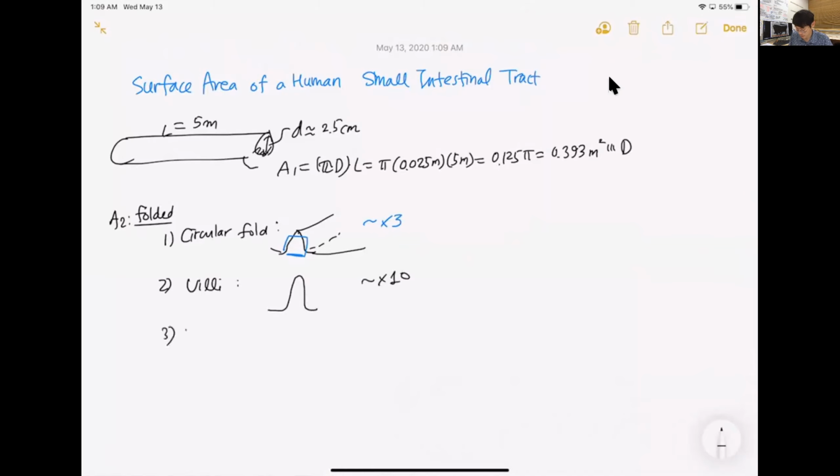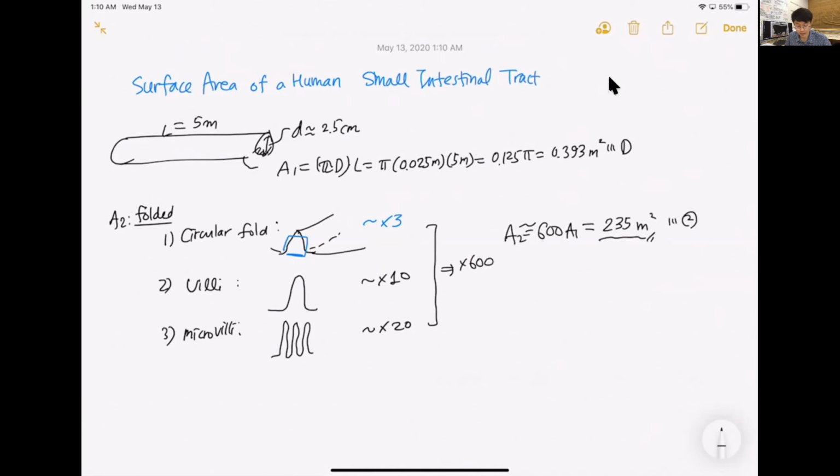And third is the microvilli structure, which is much thinner like this, and we can assume about a 20 times increase. So overall, this is a total of about 600 times. So A2 will be about 600 times A1, and you can calculate this is about 235 square meters.